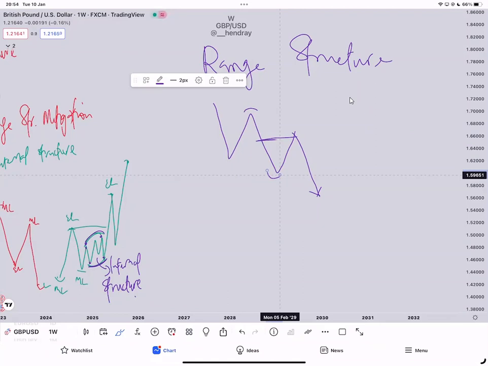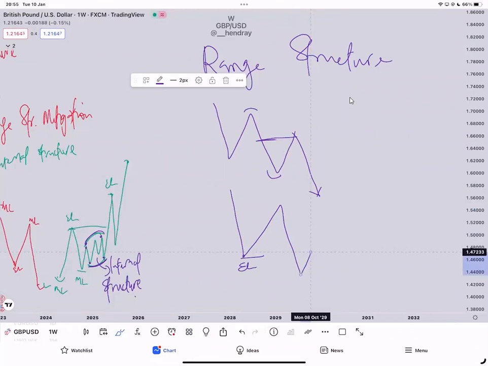So range structures are something like this. We have a low, a high, then a breakout of external liquidity. Price breaks out of it, then you have a shallow pullback. A range structure is usually initiated by a shallow pullback, 100%. Only shallow pullbacks initiate a range structure.